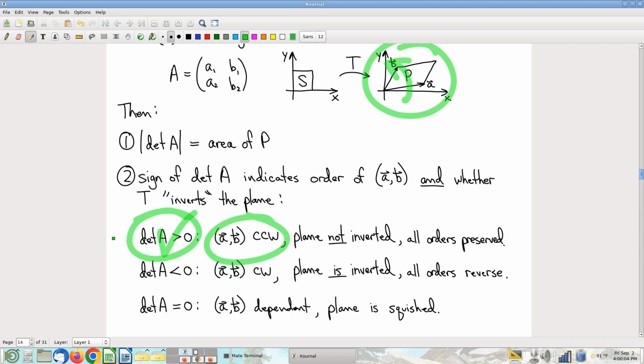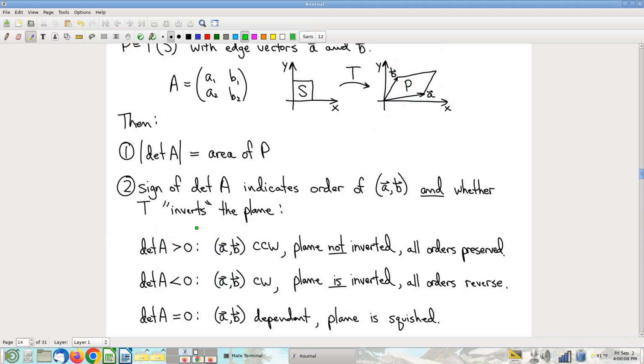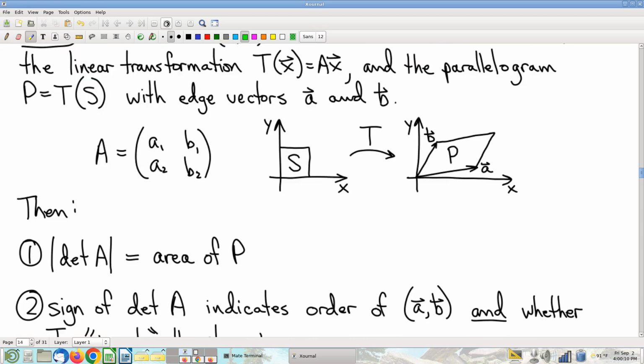And the other way that it could have worked out, now let me draw the other scenario. If it had been that this was B and that this was A, right?